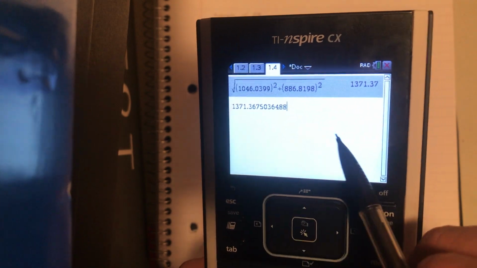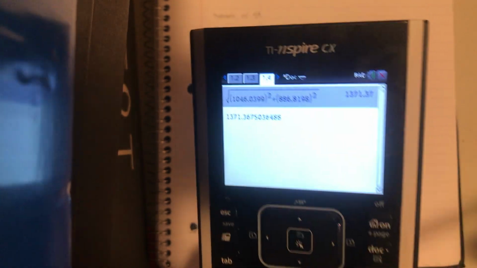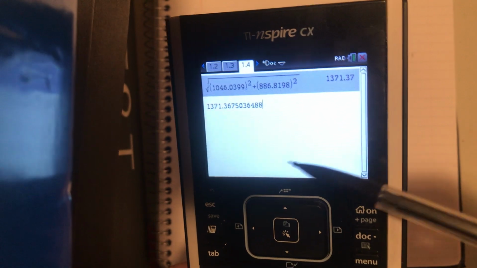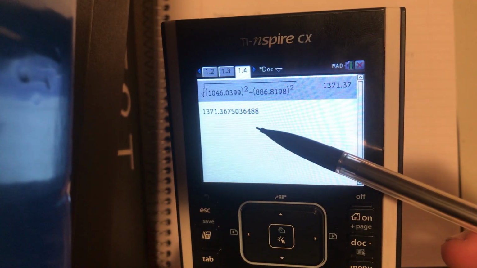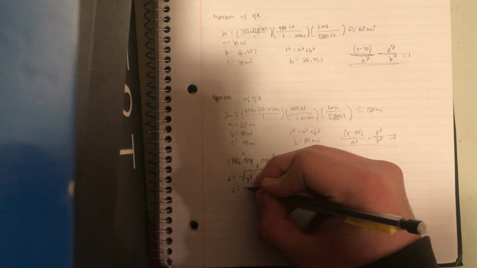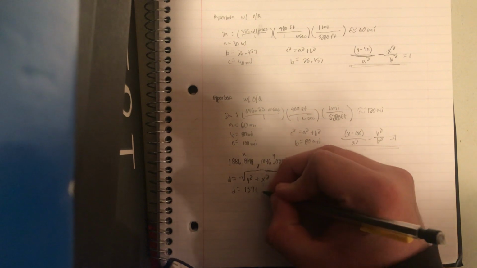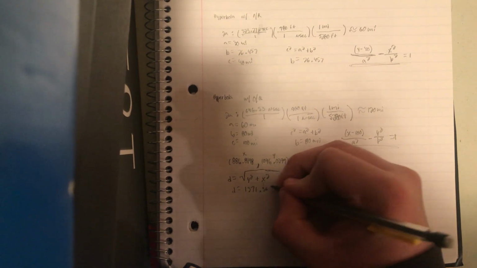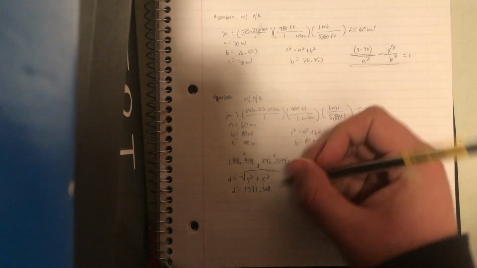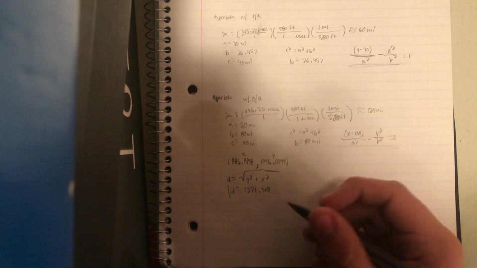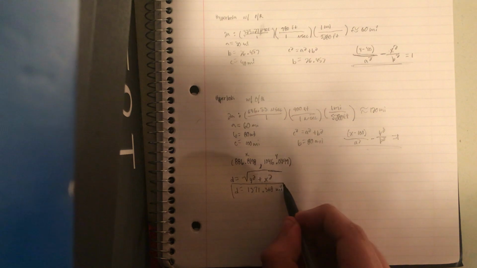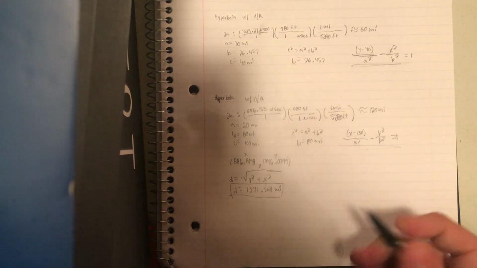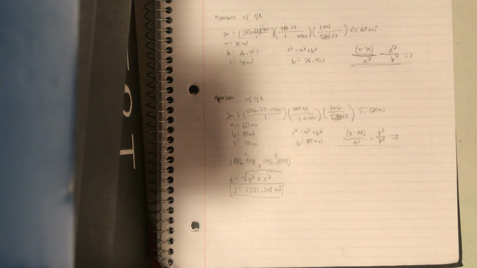That's the whole decimal. Since we've gone to the end of the problem, you could round this to 3 decimal places. So 1371.368. And it should be in miles. That's one part of the answer.